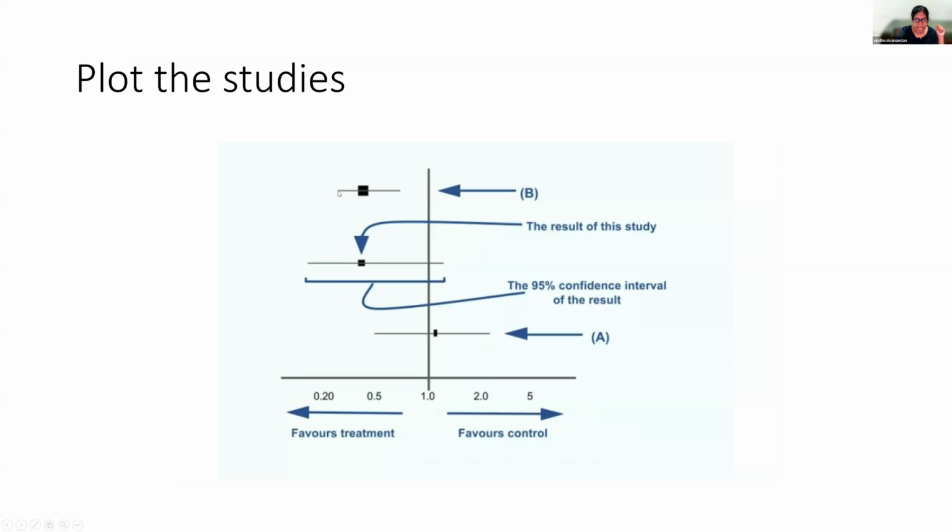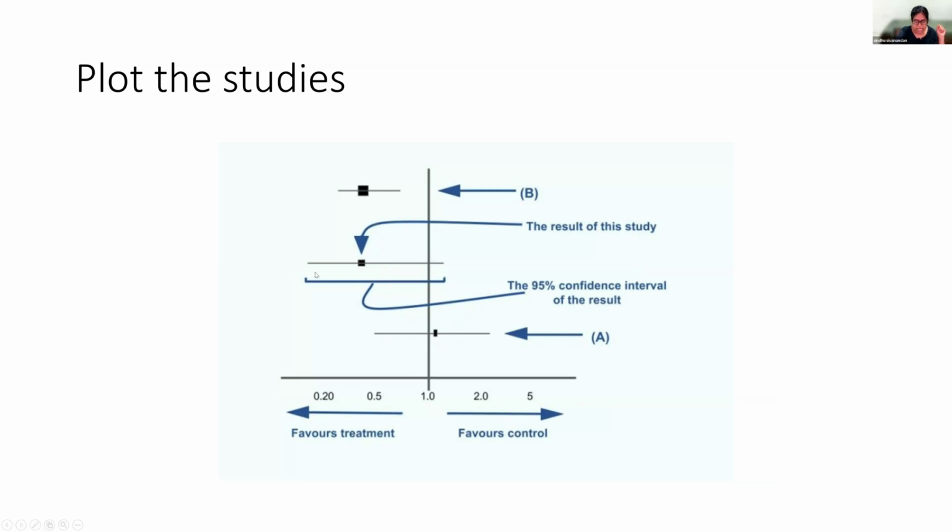Each study will be represented with a central point with 2 arms. The central point is the risk ratio, and the 2 arms are the 95% confidence limits. So each study gets plotted on this graph. Sometimes it may favor treatment, sometimes it may favor control.